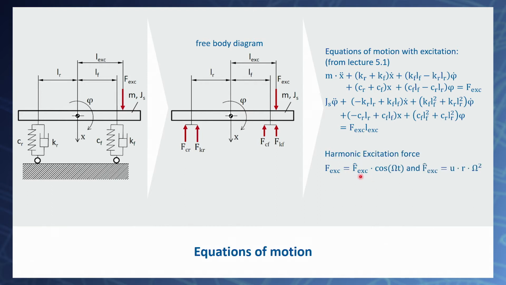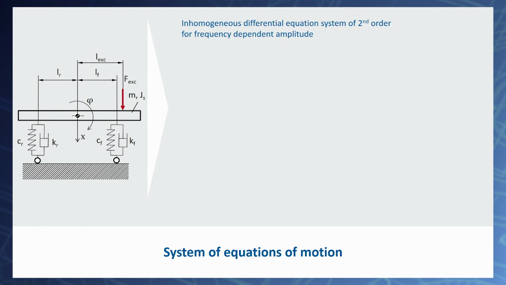In general, we are talking again about harmonic force excitation. So we're talking about the cosine term with omega t expressing this cosine function, and the amplitude of the force is proportional to omega square, and this could be the unbalanced mass times the radius.